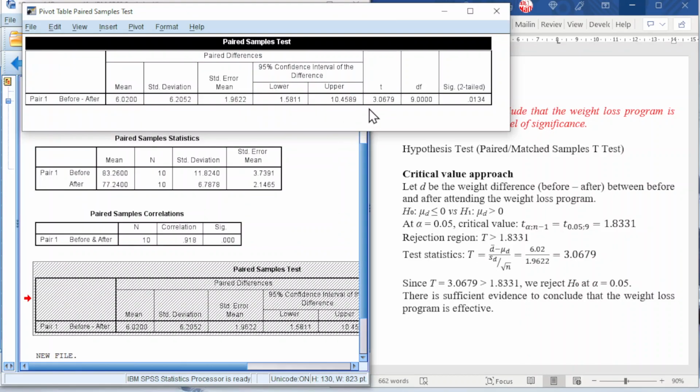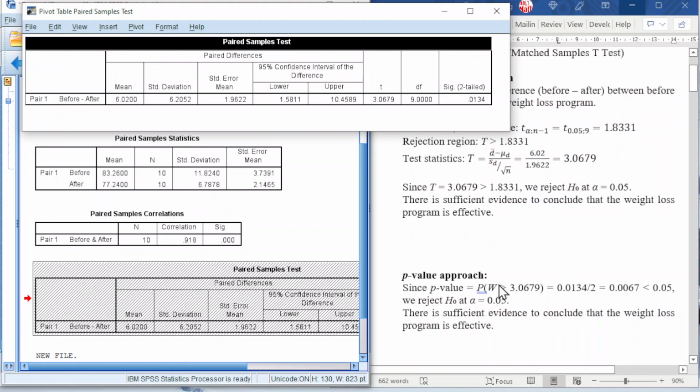The test statistic is equal to 3.0679 and hence we can conclude that we reject H0 at alpha equal to 0.05 since the test statistic is greater than the critical value. In other words, there is sufficient evidence to conclude that the weight loss program is effective.